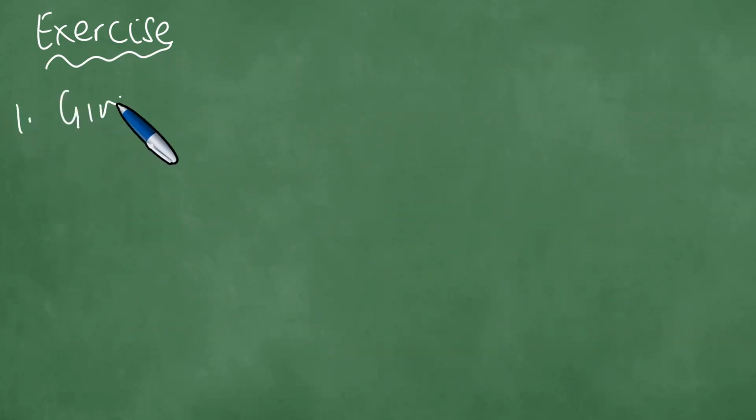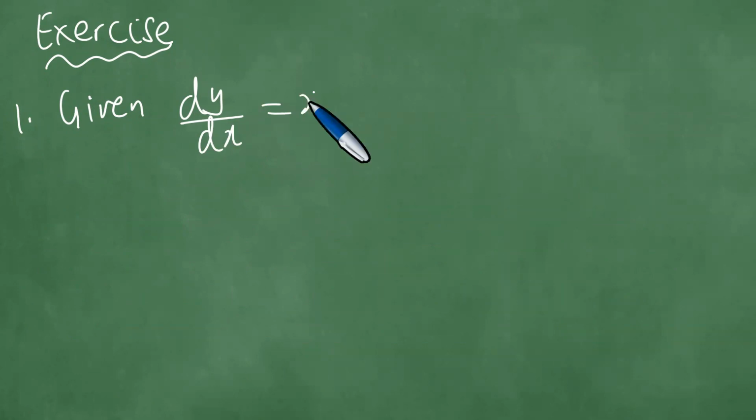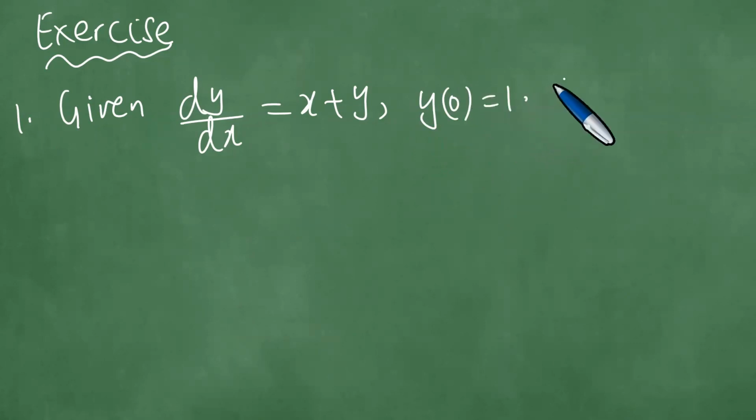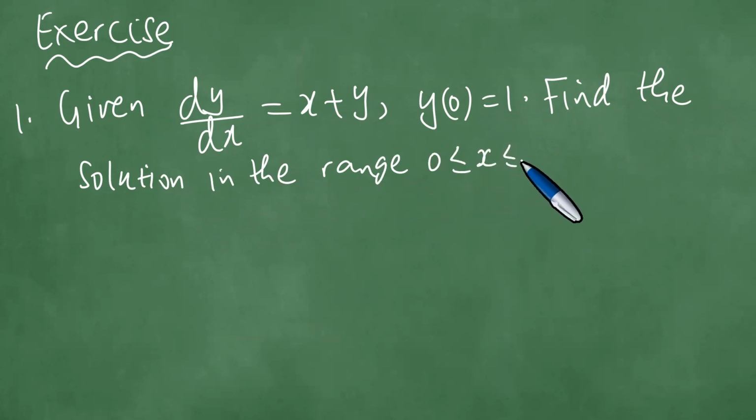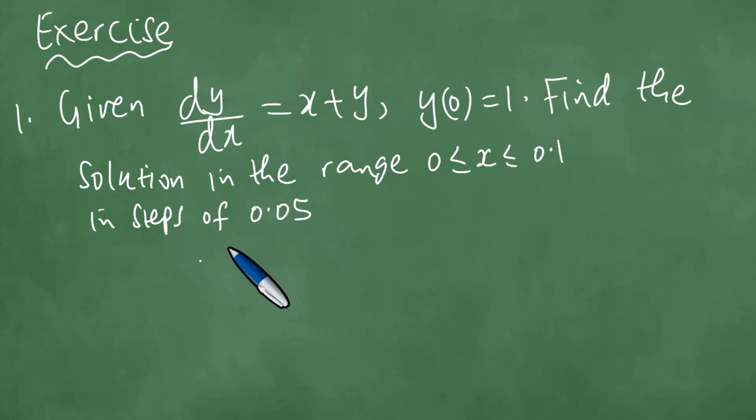This one says, given dy/dx equals x plus y, find the solution in the range x from 0 to 0.1 in steps of 0.05.